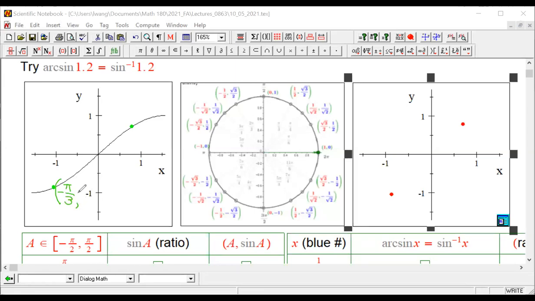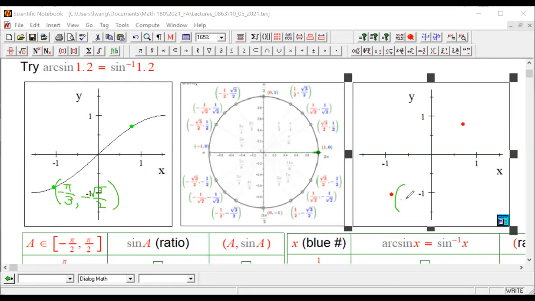The input is angle, the output is ratio, negative root 3 over 2. And this other place, input and output swapped.